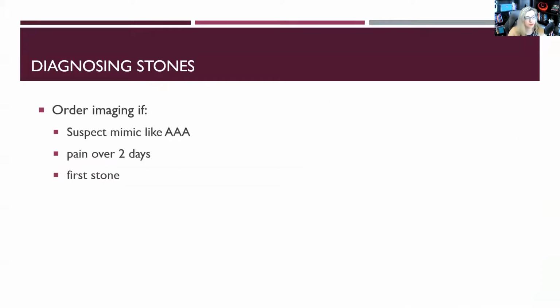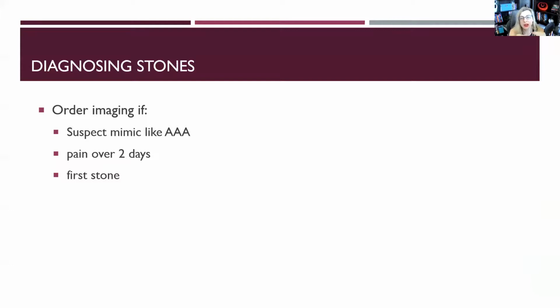Okay. Now, when do we order imaging? I just told you it's a clinical diagnosis. So you can order a urine and a urine culture, but we don't typically order labs for typical kidney stones. So when do we order imaging? The answer is whenever we suspect some other diagnosis.